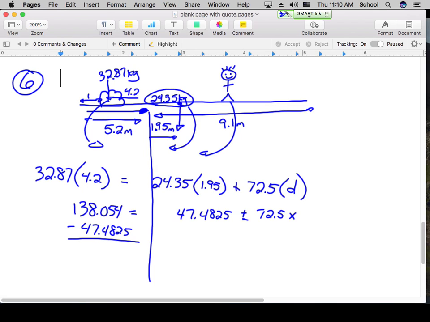And then once I get that answer, I want to divide by the 72.5. And we got 1.25. So we wouldn't even get as far as the midpoint of the board before it would start tipping on us.